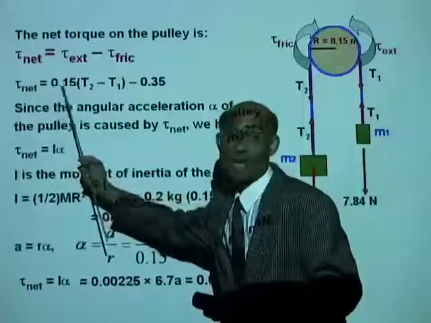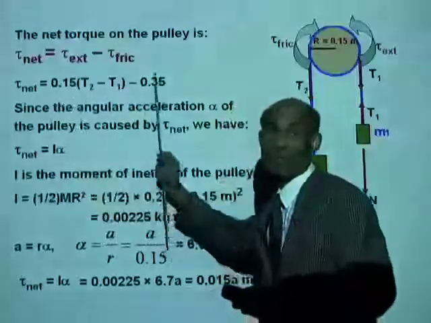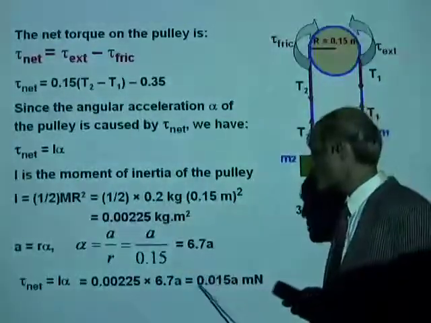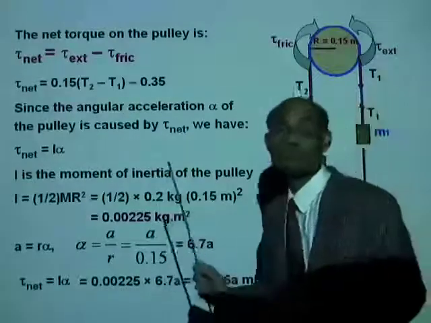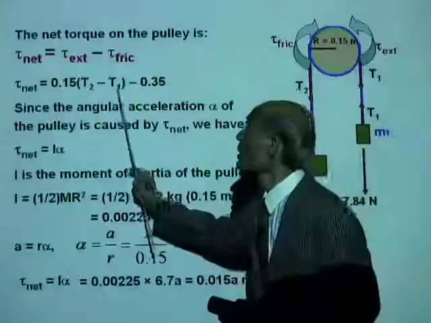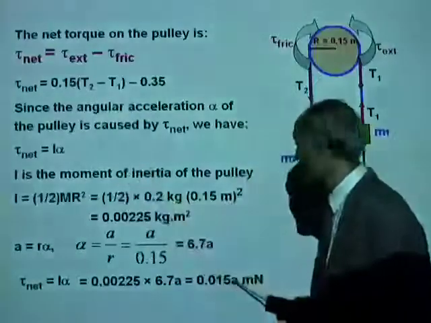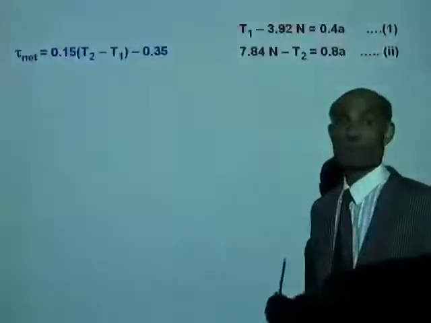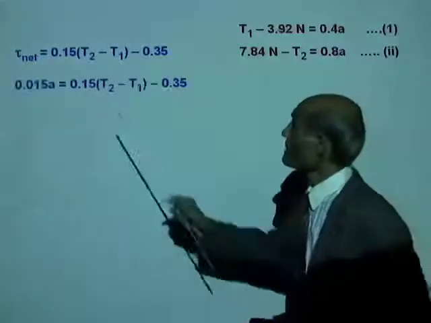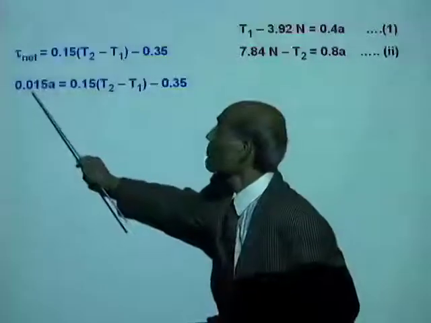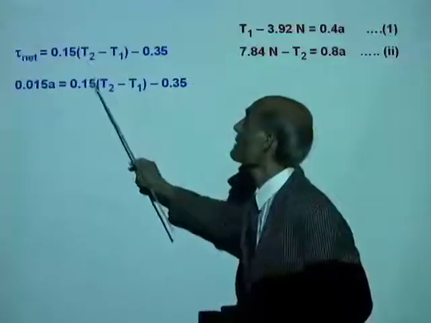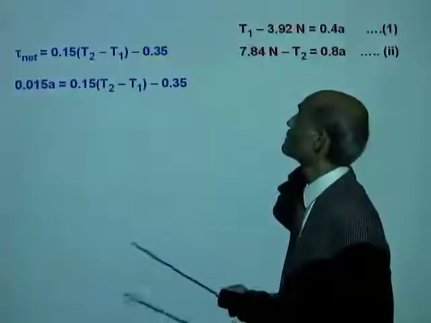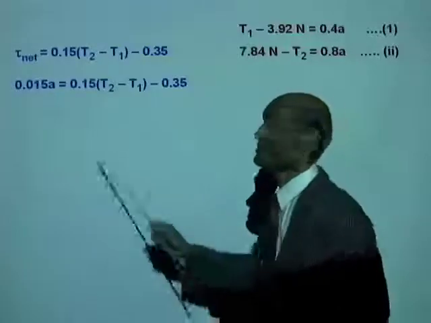Therefore, this quantity can be equated to tau net. So we will now take this quantity and equate it to 0.015 a to produce a third equation in T1, T2 and a. Let's do that. We will now have 0.015 a equal to 0.15 times (T2 minus T1) minus 0.35.